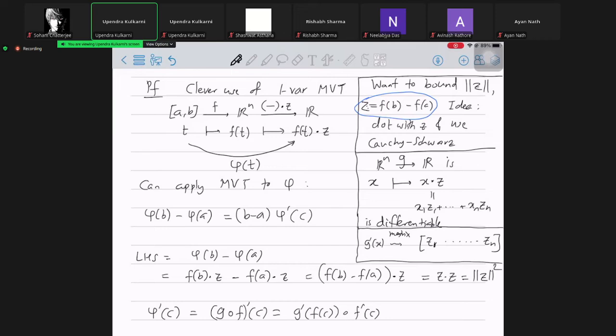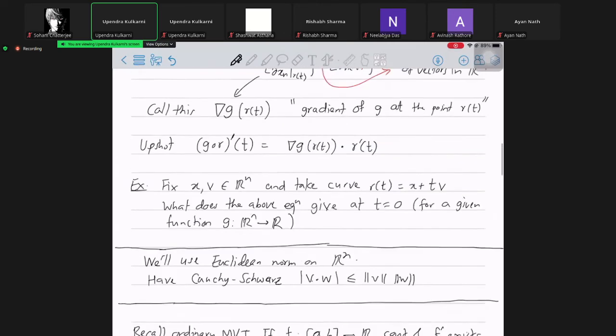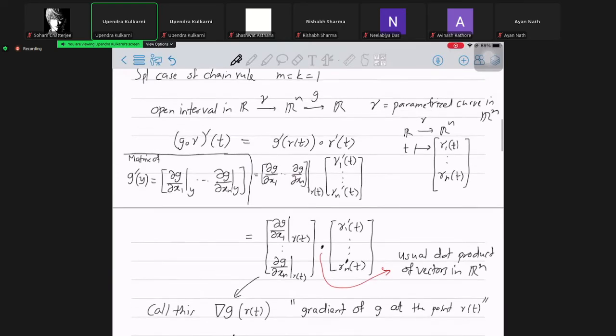It's the exact same idea as in the special case of the chain rule for a curve: in terms of a matrix product, it was a row vector times a column vector.